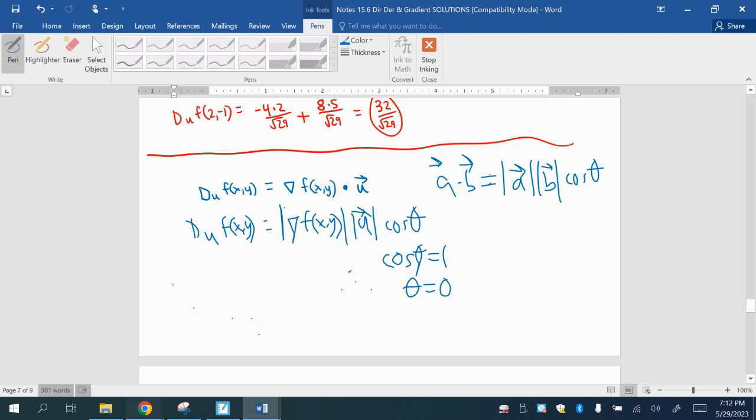So that means that when the direction of the gradient and the direction of the unit vector equal each other, you will have the biggest directional derivative. And then there are a lot of applications to this. Let's say you're on a surface at a particular point, and you want to go in the direction of the greatest ascent. Well, you would go in the direction of the gradient.